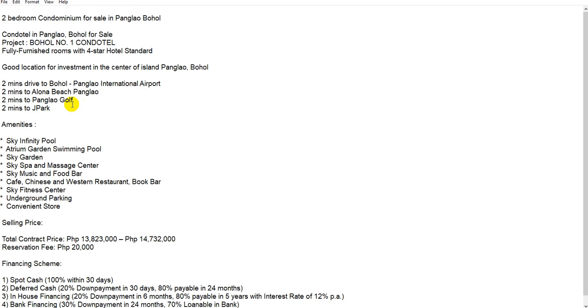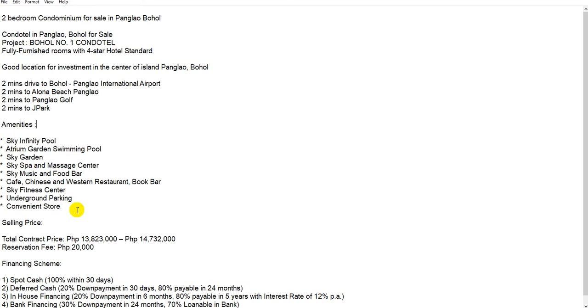Next is the proximity of the important establishments within the city, close to the project. Next is the amenities of the subdivision or the condominium project.